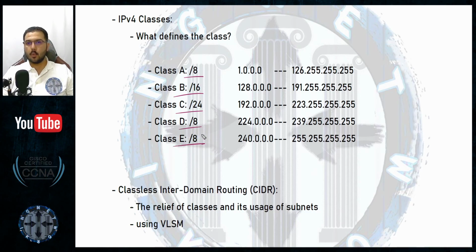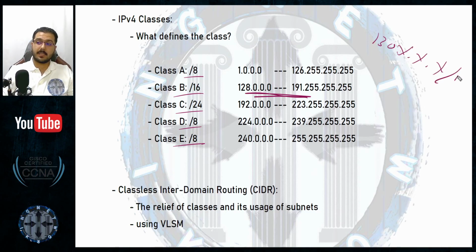So whenever you want to design a network, and from the matter of design you just wanted to use an IP address named 130 dot whatever, based on the old system, 130 varies between 128 and 191, so it's class B, so it's /16. So whatever, I don't care about the number here, it's /16, and because it's /16, these networks always have 65,000 IP addresses.